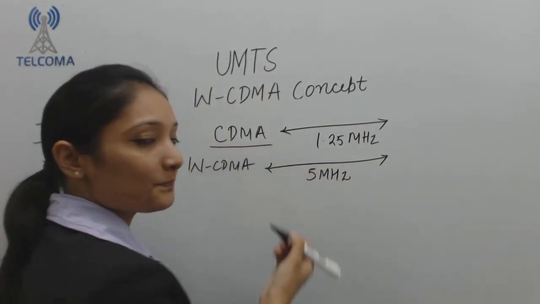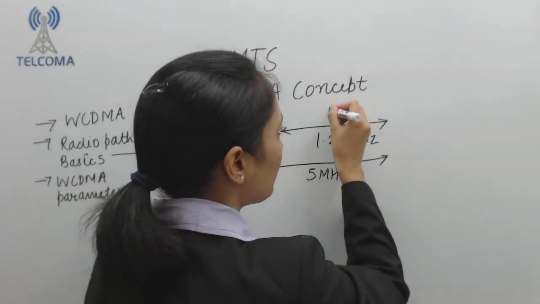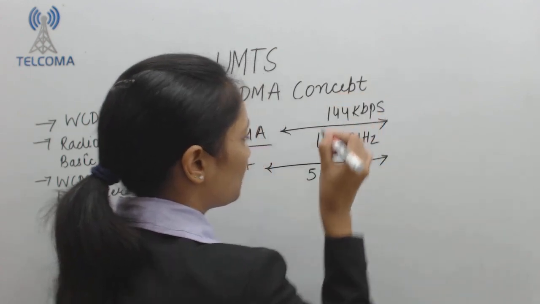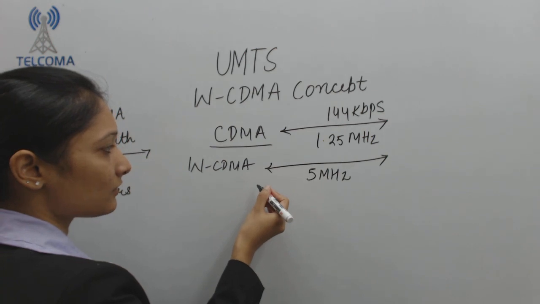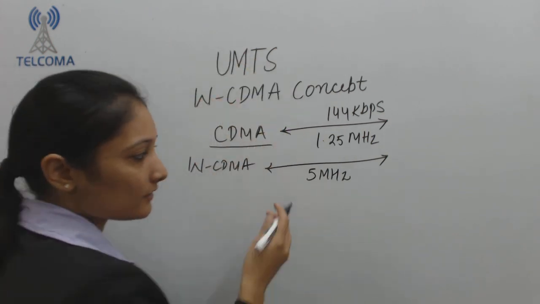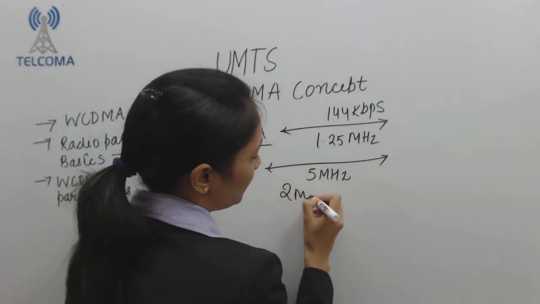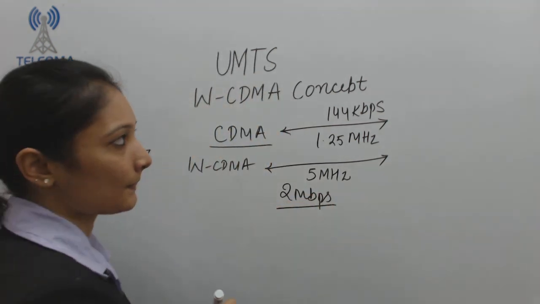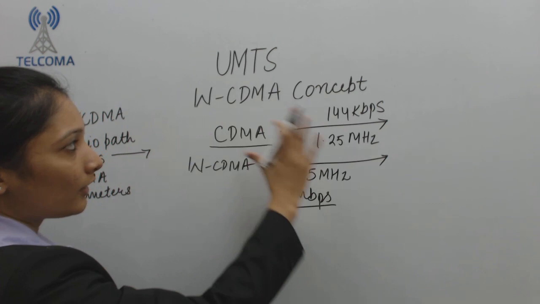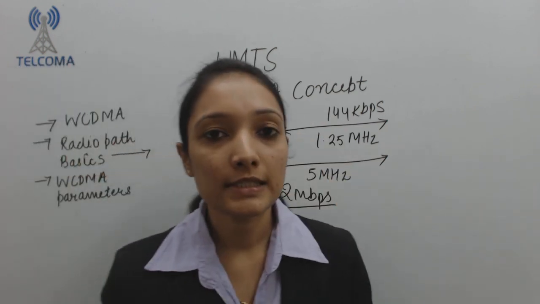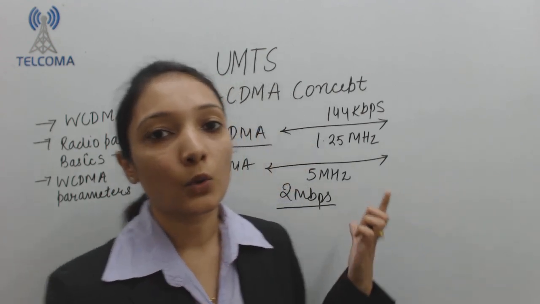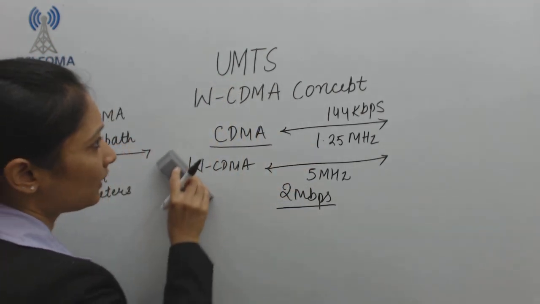That's why CDMA can provide speeds only up to 144 Kbps, and our WCDMA systems, that is our UMTS systems, are able to provide speed up to Mbps. So this is the working operation of WCDMA, that they work with the help of code. This is basically a coding technology.